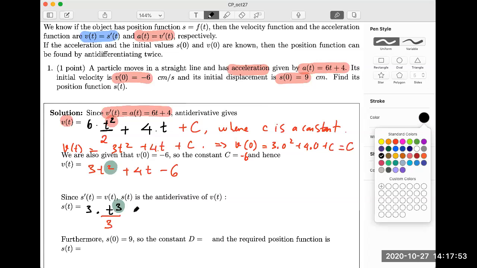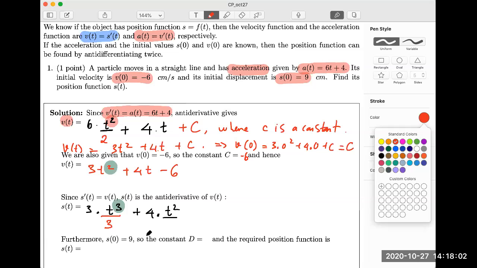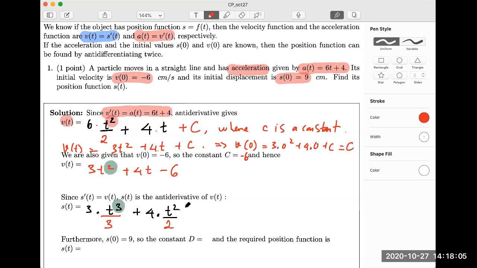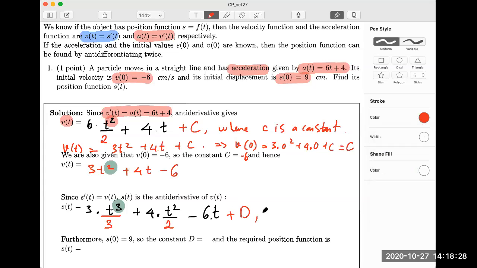And this term will be 4 times t squared divided by 2, right? And for the number -6, the antiderivative gives us, yes, 6t here. But then we need to add a constant, yes. And because we used the letter C already, let us call the constant here D, where D is a constant.